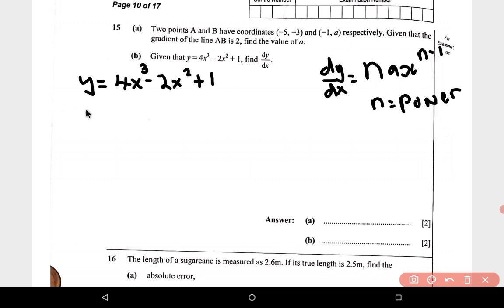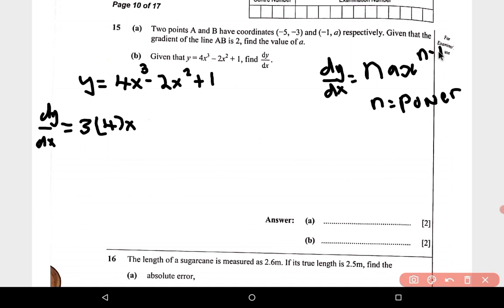So here we're going to say dy/dx. You start with the power first, so the power is 3, then the coefficient, the number in front of x, is 4, then x.